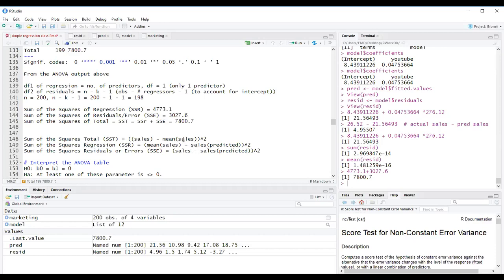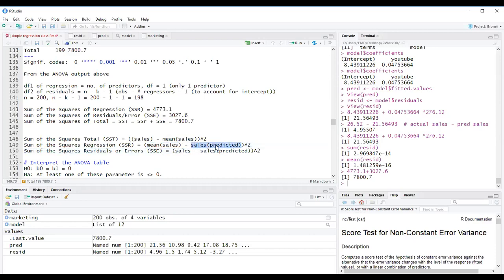Dati si average lang ni sales ang ginamit natin. Ngayon, gagamitin natin yung predicted value ni sales, tapos i-compare natin siya sa average ni sales. Yung improvement o yung difference ng predicted value from the mean is called your sum of the squares of your regression. So ang ginawa natin yung average ni sales minus predicted sales.